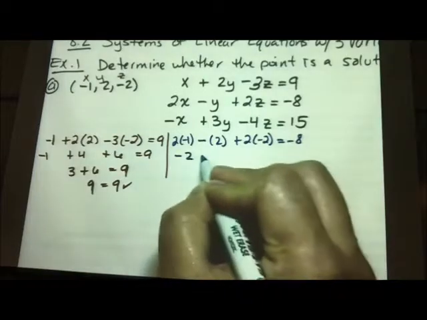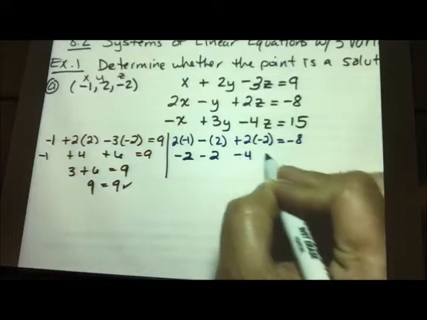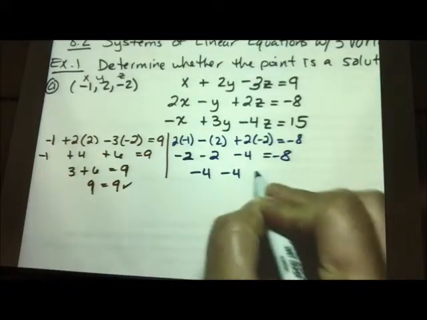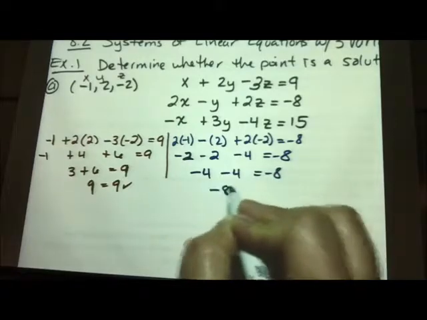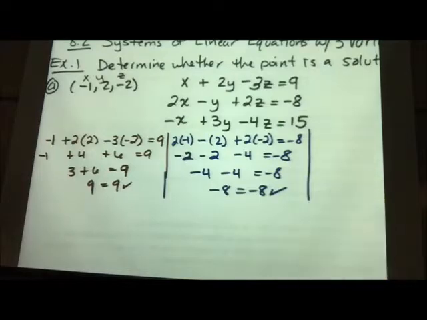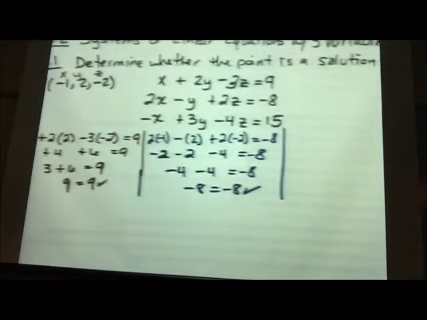This becomes -2, this is a -2, and this becomes a -4. -2, -2 is a -4, and a -4 is a -8. -8 equals -8. Is that true? Yes. So the second equation works also. So let's try the third one. And if it works for that one, then your answer would be yes, it's a solution.